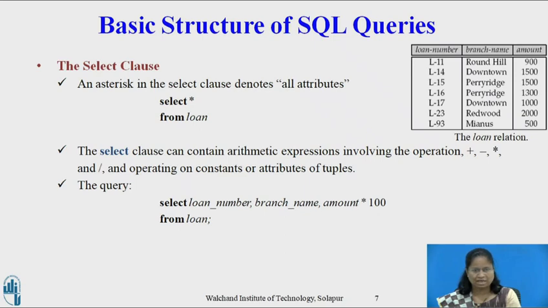The select clause can contain arithmetic expressions involving the operators plus, minus, multiplication and division, operating on constants or attributes of tuples. The query select loan-number, branch-name, amount * 100 from loan would return a relation that is the same as the loan relation except the attribute amount is multiplied by 100.